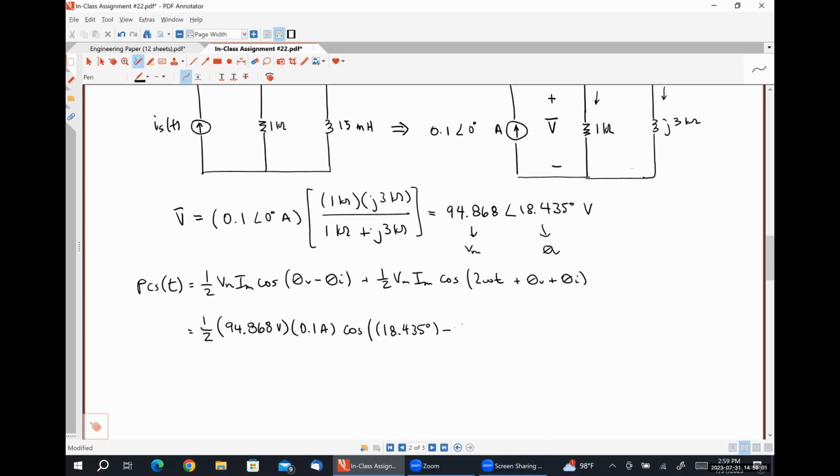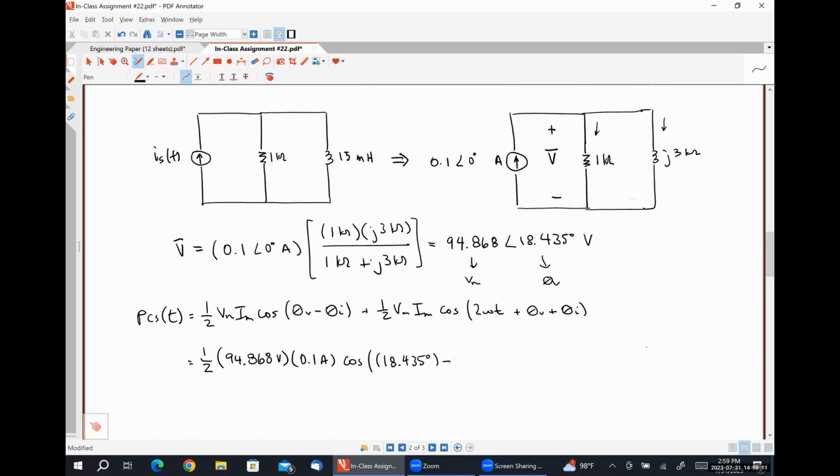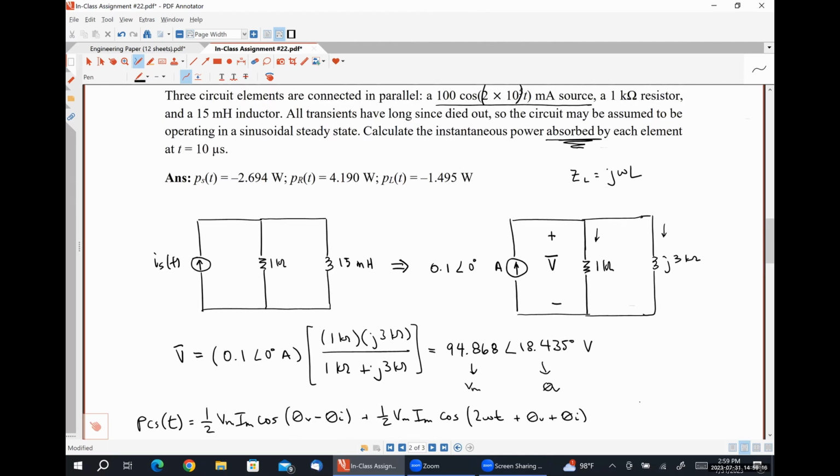Here's a tricky bit, and you're going to think I'm being weird, but I'm not. What's the angle for theta I that we should use? 0. I disagree. The reason that I disagree is because we're calculating the power absorbed by each element, right? So effectively, we either need to change the polarity of our voltage or change the direction of our current in order to make this work out, right?